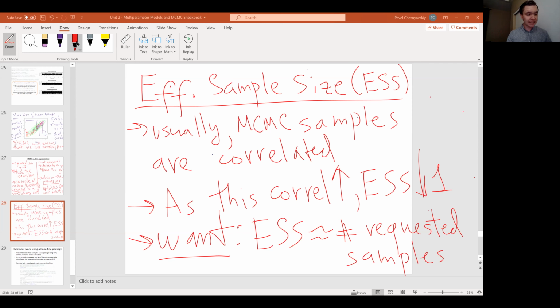In the case of negative autocorrelation, the effective sample size may actually be bigger than the number of samples that you requested. Basically, this indicates you're bouncing around between the tails of the distribution without sampling the middle as much. Now, is this a problem? I don't think so.